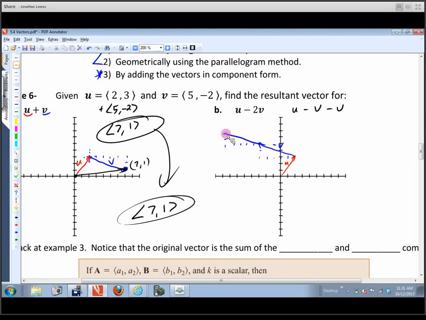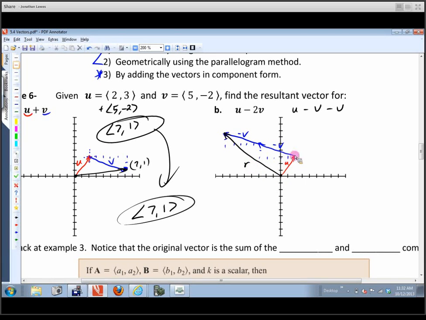So there is another minus vector v. So here's vector u, and then I've subtracted 2 vector v's, and the resultant starts at the tail of the first one, ends at the tip of the second one. So we're going to end up right here. Now, this is a bit of a pain because you've got to make sure that you've counted correctly and graphed things correctly and stuff like that.